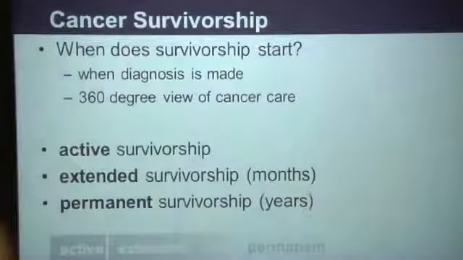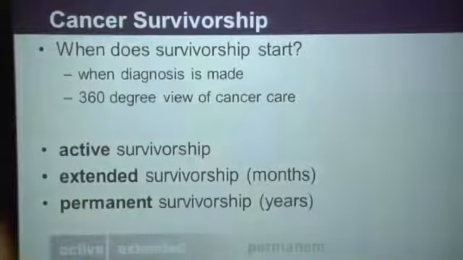Active survivorship is the time that you're diagnosed and the treatment that you are receiving, whether it's chemotherapy, surgery, or radiation. Extended survivorship is those days and months after treatment has ended. Some women have described that as a transition, as a watchful waiting. It's a time of celebration, but it's also a time of anxiety and concern.